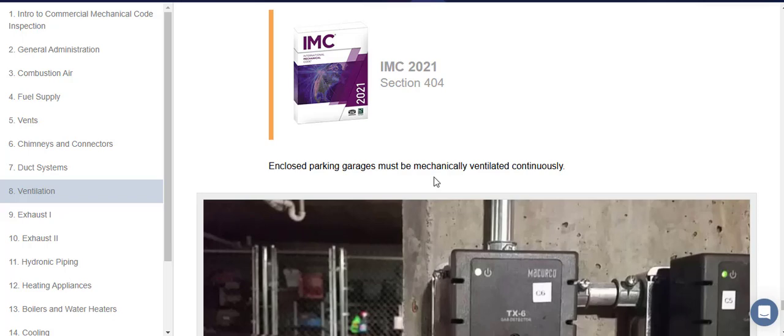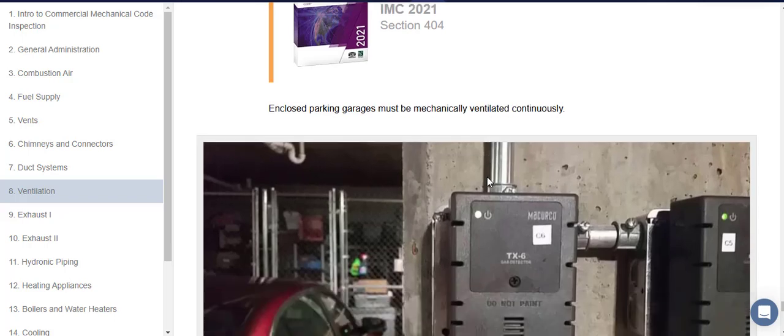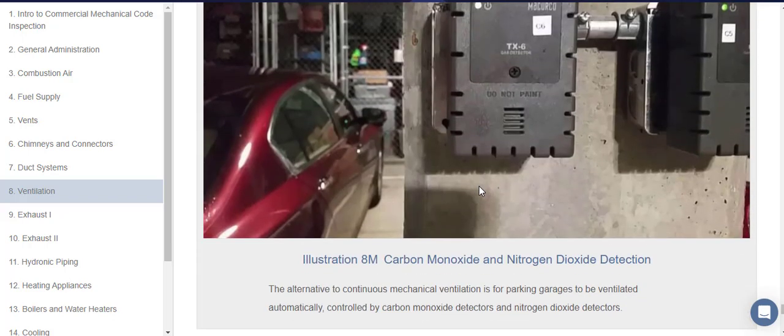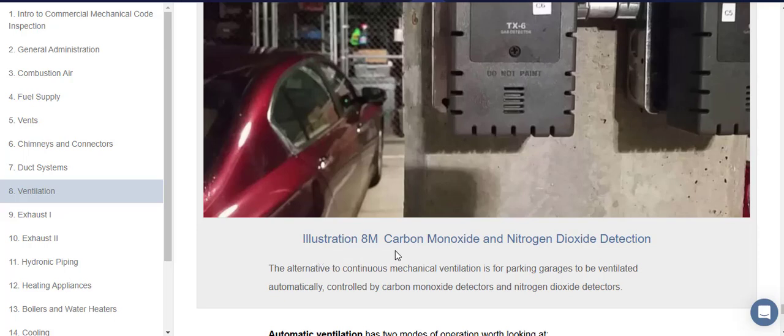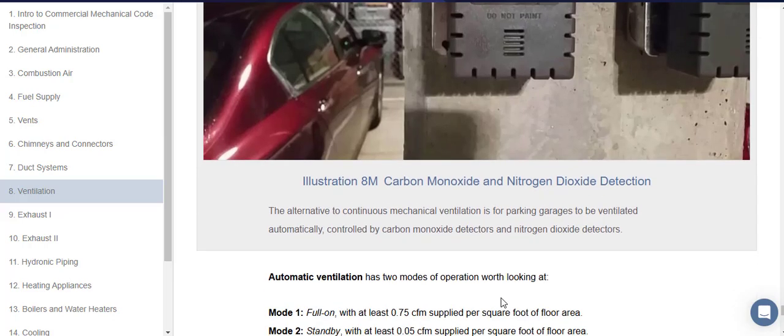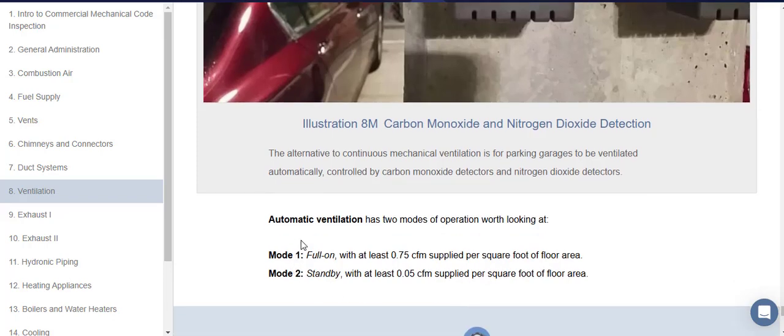An enclosed parking garage must be mechanically ventilated continuously. Illustration 8M, carbon monoxide and nitrogen dioxide detection. The alternative to continuous mechanical ventilation is for the parking garage to be ventilated automatically, controlled by a carbon monoxide detector and a nitrogen dioxide detector.